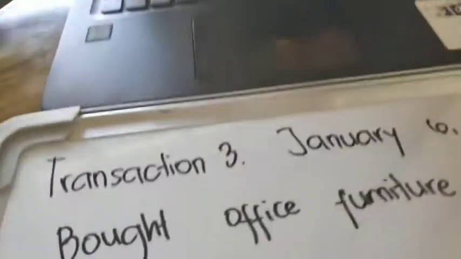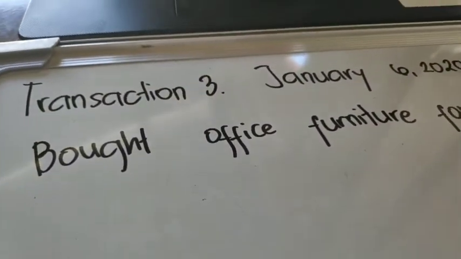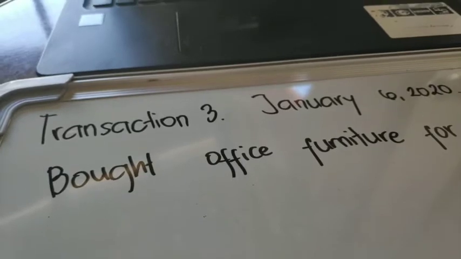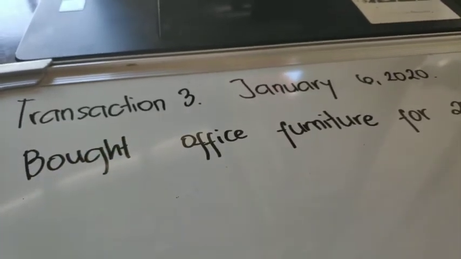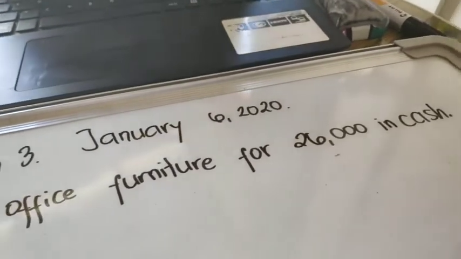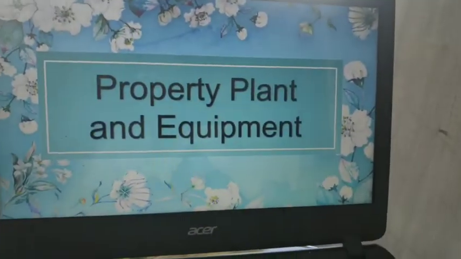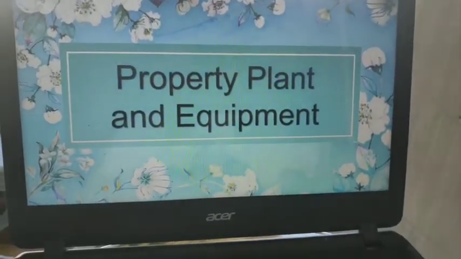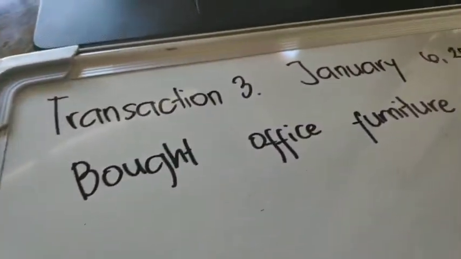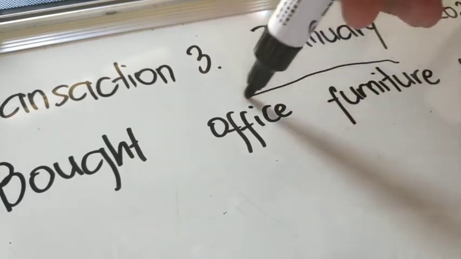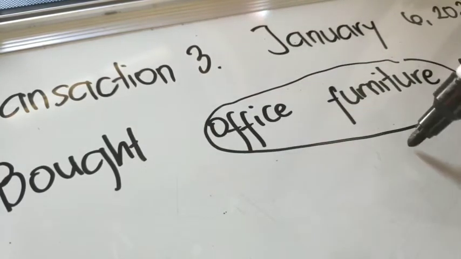Now, this is transaction number 3, dated January 6, 2020. The company had bought office furniture for 26,000 in cash. We are referring to this transaction as property, plant, and equipment, because office furniture is classified as a property, plant, and equipment.